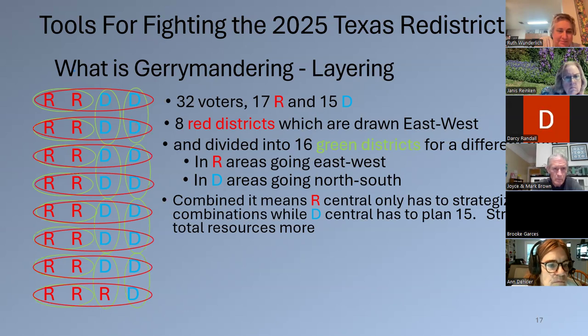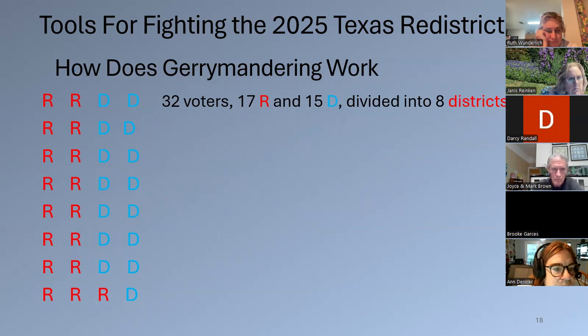You only have to plan for 8 campaigns here, but in this map, the Ds have to plan for every district. Every one of these has a different ballot. Now it's a strain on resources. It makes things hard. And you do see this, and I don't have a way of finding it in the map today, but that's just an odd form of gerrymandering.